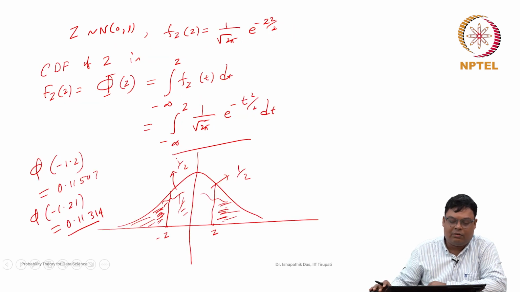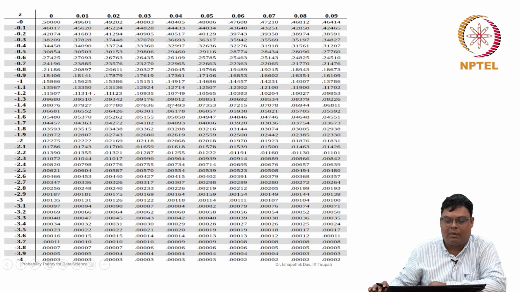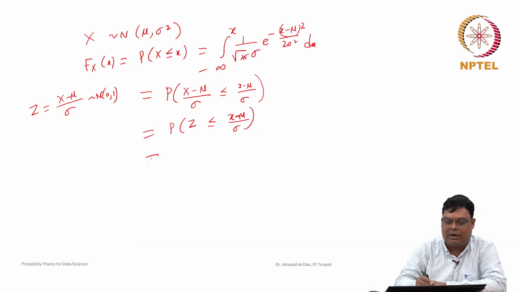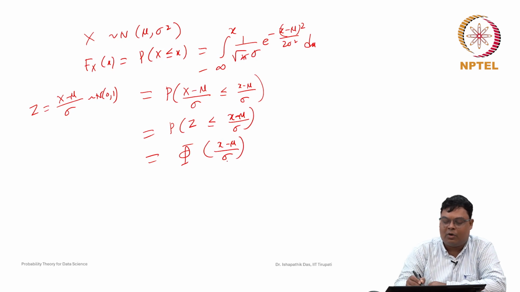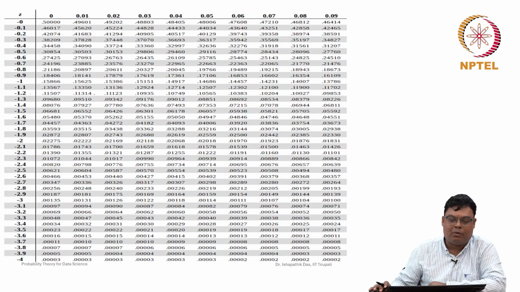By notation, it is phi of x minus mu by sigma. Here mu and sigma are known, and given any small x value, we can find x minus mu by sigma, and from the table we can compute this probability.